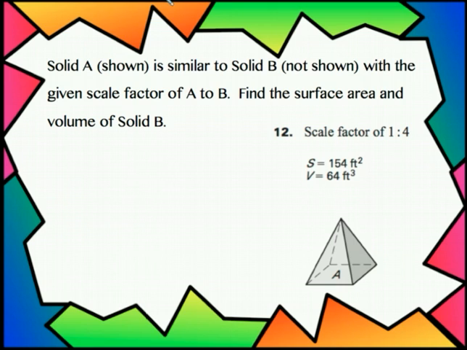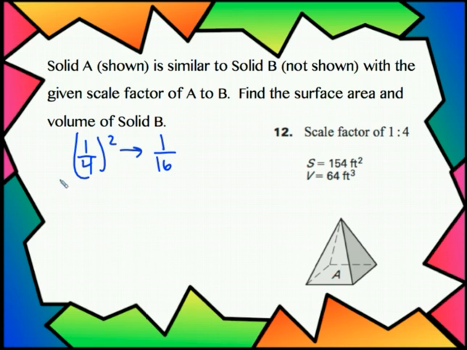Okay, now I'd like you to pause it and try to do this one on your own, and then I'm going to do it quickly, so if you don't pause it, you're just going to see it really quickly. The scale factor is 1 to 4, so we do 1 over 4 squared to get 1 over 16.